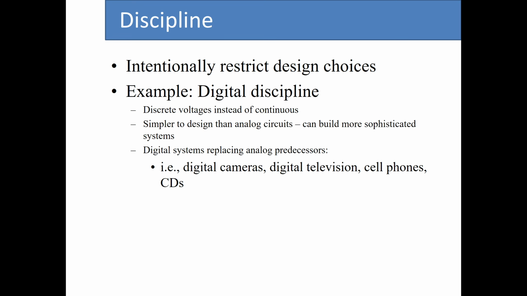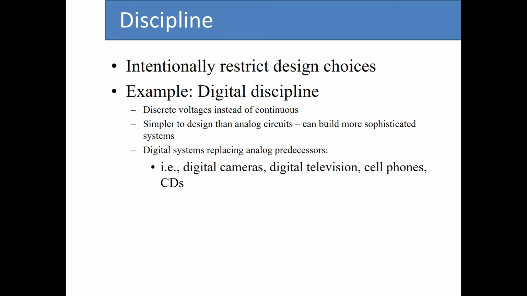This discipline helps us to have a simpler design procedure than analog circuits, and based on that we can build more sophisticated systems. That's why digital systems are able to basically replace analog systems.